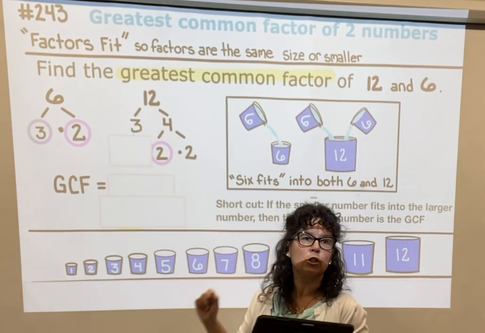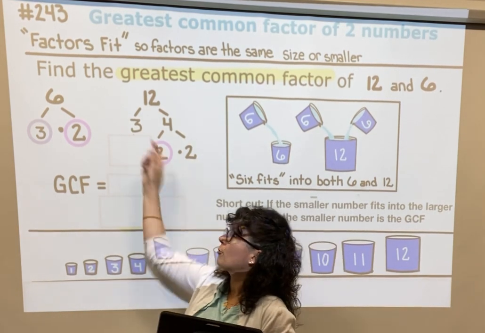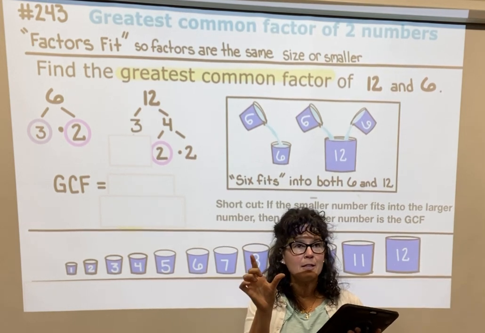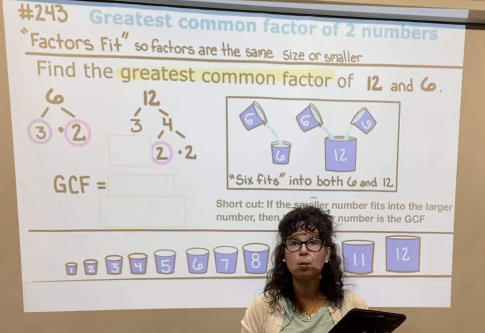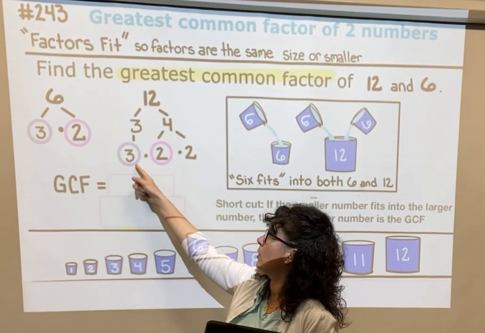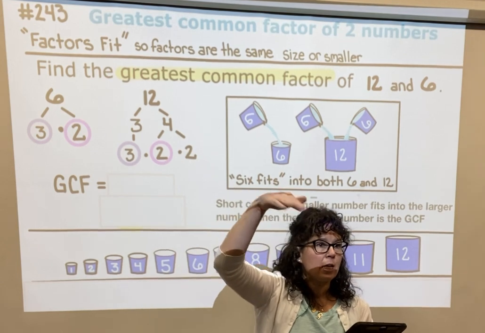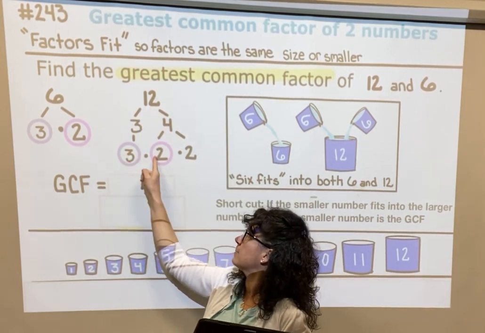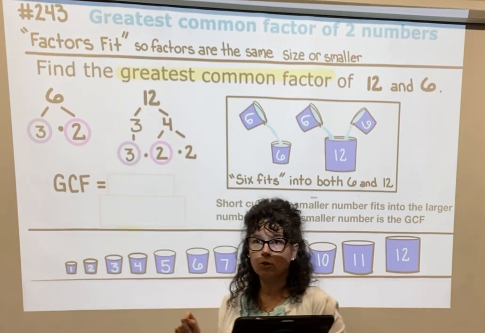The number 3 is a prime number. I can't think of anything that multiplies together to get 3 other than 1 and 3, so I need to bring that one down. Notice every row equals the original number. 3 times 4 is 12. 3 times 2 times 2 is 12.